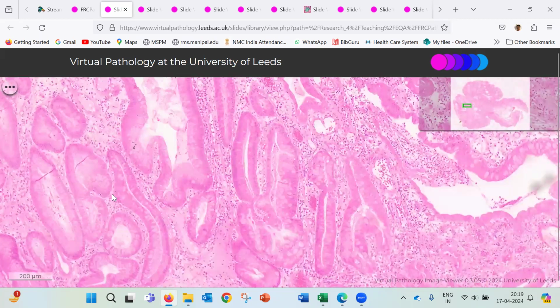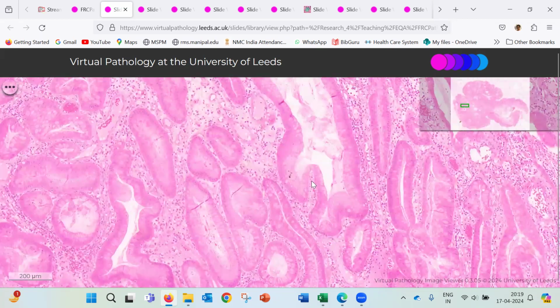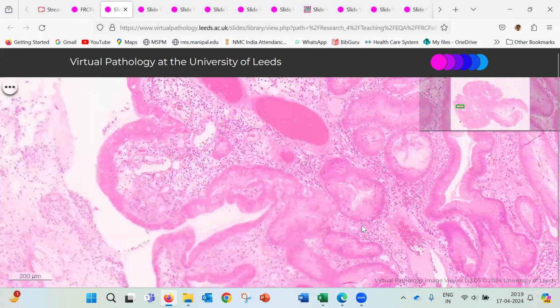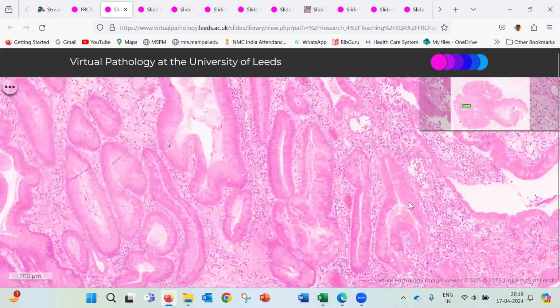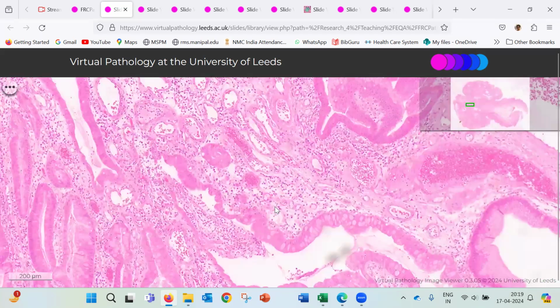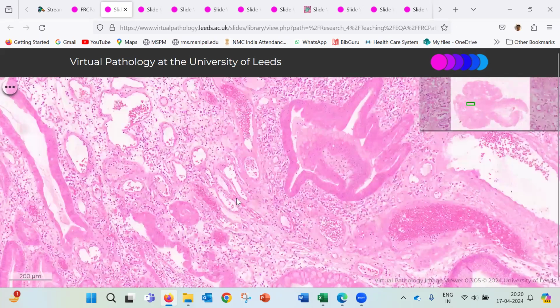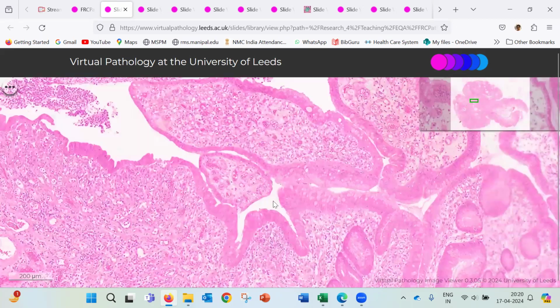So this is quite characteristic for hyperplastic polyp, and it is known to occur anywhere in the gastrointestinal tract.